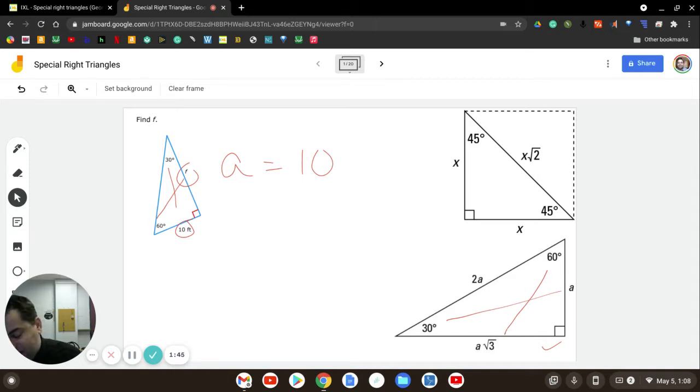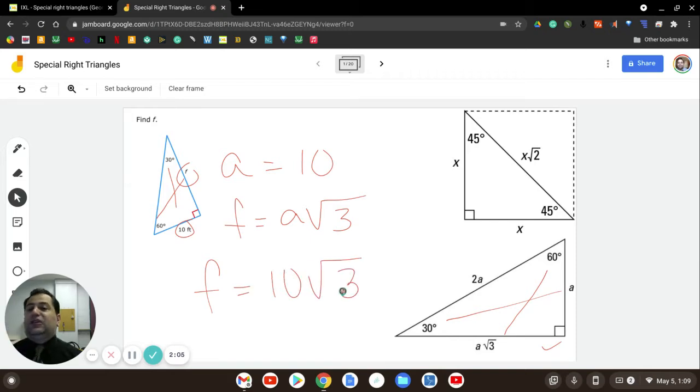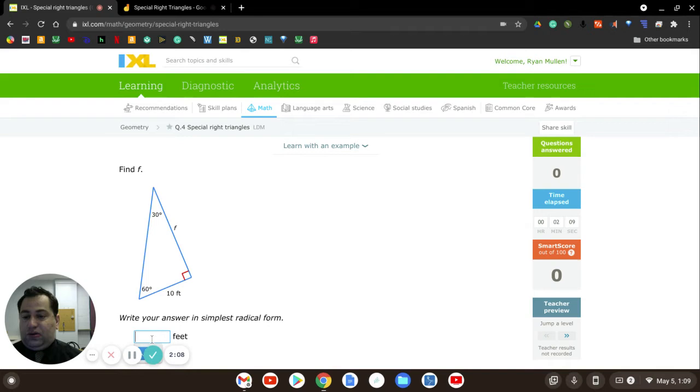So F is in A square root of 3's spot. And now I know A. I can substitute A in for itself, and I get F is equal to 10 square root of 3. So let's enter that into the problem.